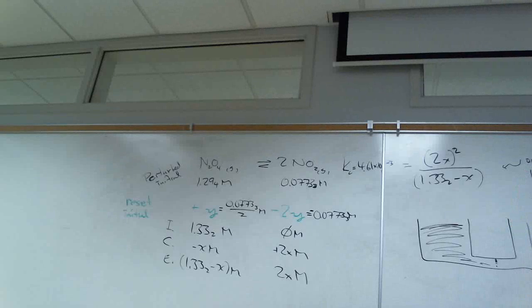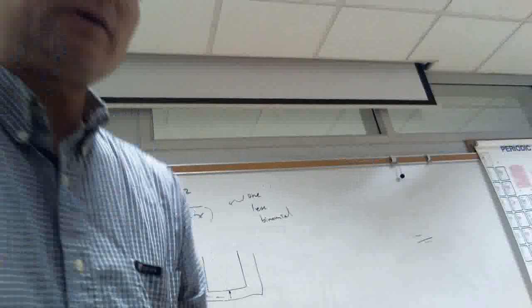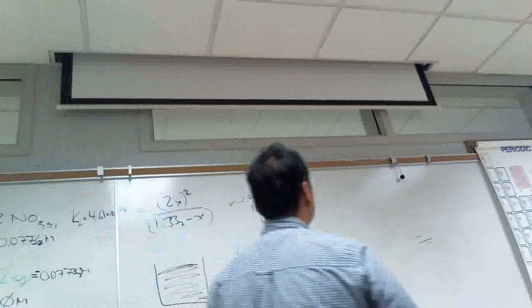We favored the reactants fully. And so what I'm going to do here is one more thing to simplify the math. The one more thing that we're going to try is called the simplifying assumption.